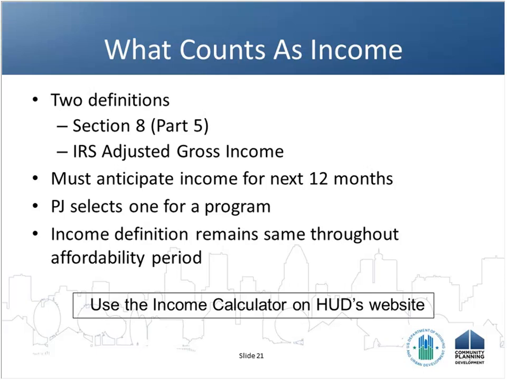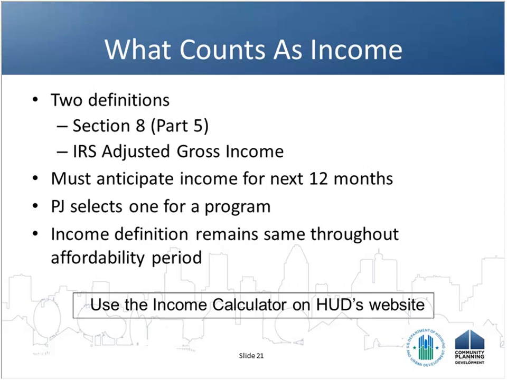It can't be that some of my rental projects use the 1040 and others use Section 8. And I will mention that because the low-income housing tax credit program utilizes the Section 8 definition, we tend to see rental housing PJs choose Section 8, because it's the more common methodology and it lines up with what those other funding sources are using.